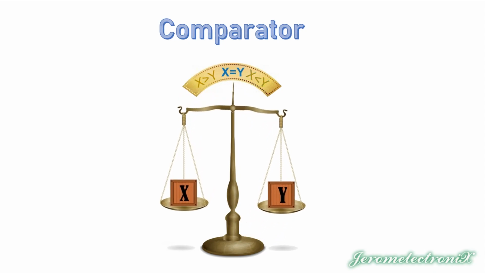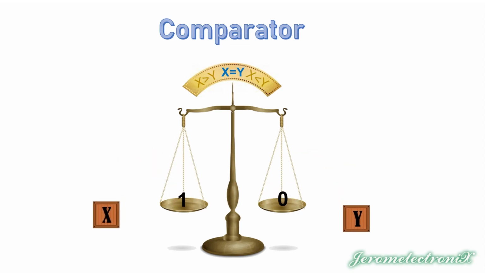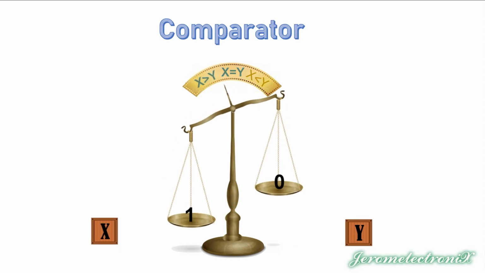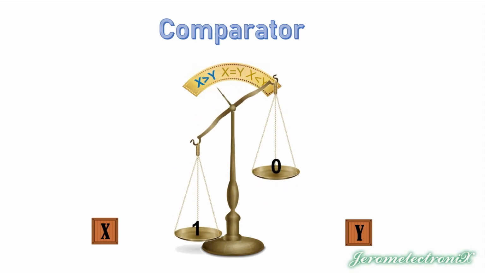These variables, we don't know what the actual value is, but if we take the boxes off, then we can see what the actual value is, and we would expect the balance to point at X is greater than Y if 1 is on one tray and the 0 is on the other tray.